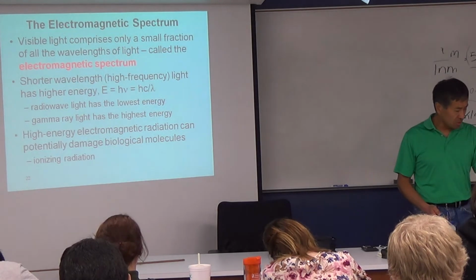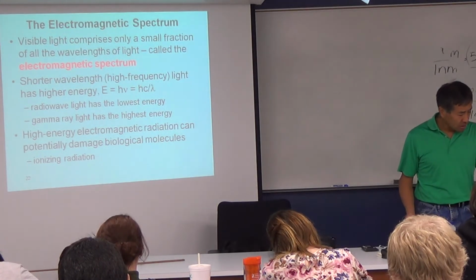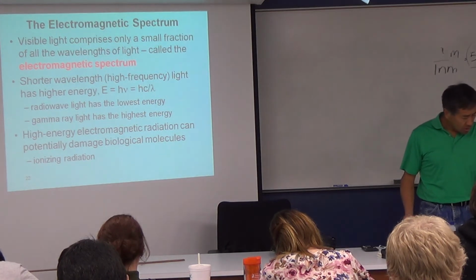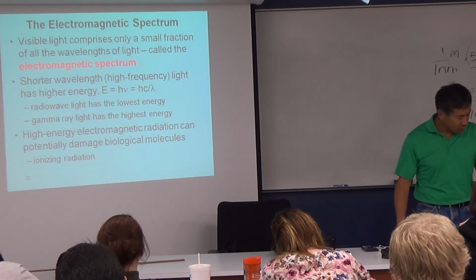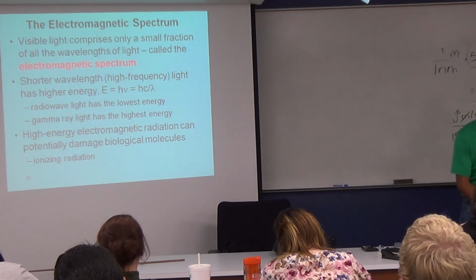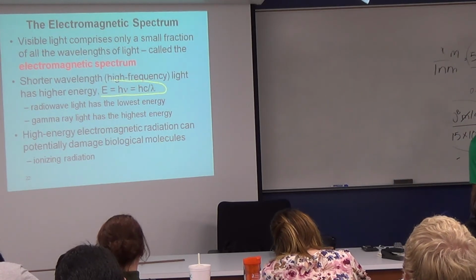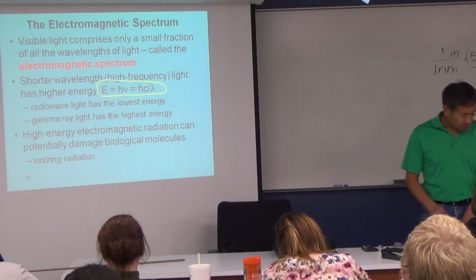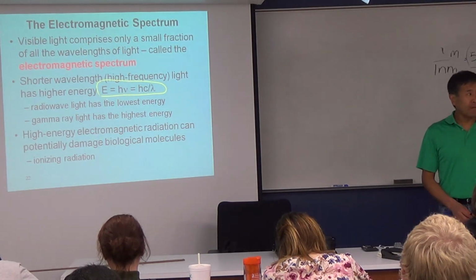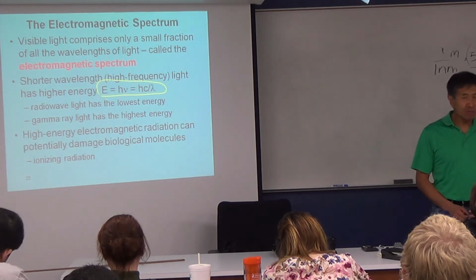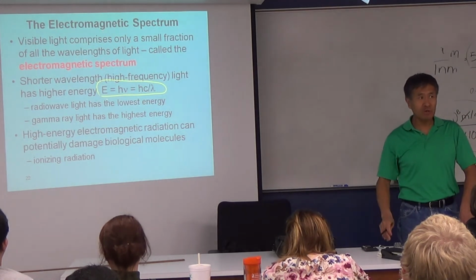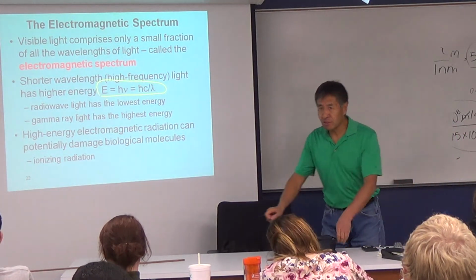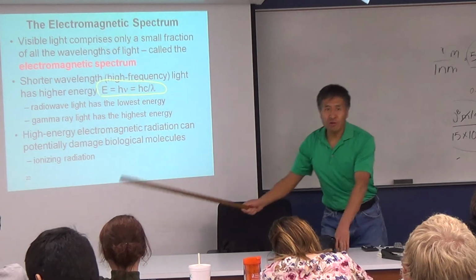Now we are going to talk about the relation between the spectrum and the wavelengths. I think we talked about that before, because of this equation. We know that the energy of one photon, E, is related to either the frequency or the wavelength.